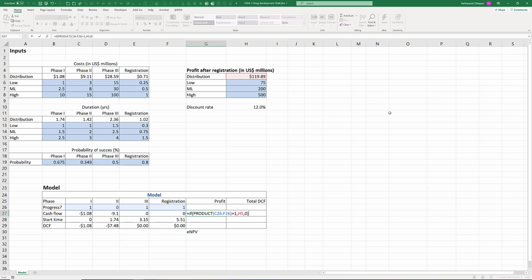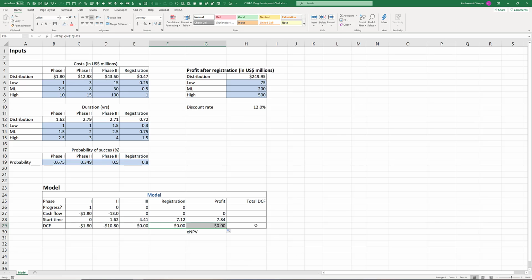Otherwise it will be 0. Okay. Now start time is, again, you just copy that. So it will be like the previous start time plus the duration of registration, so that will be the end time. That's the time duration over which we need to discount this profit.